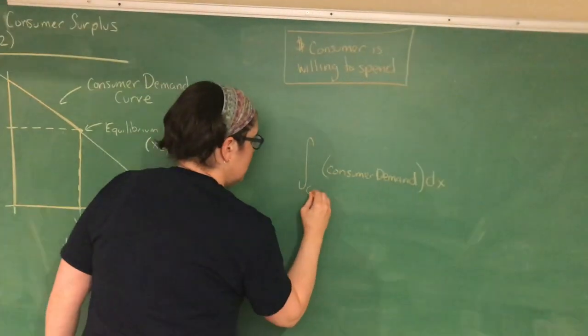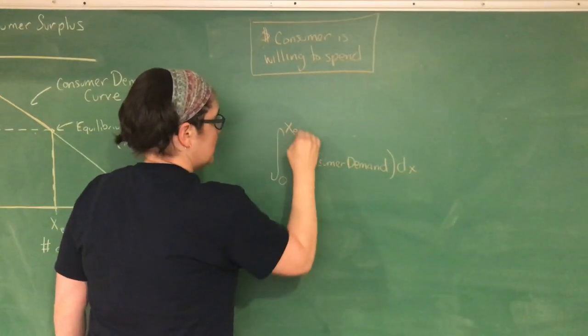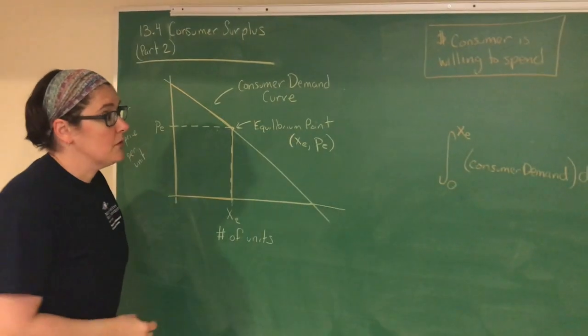So from 0 up to x subscript e. For us, that was 3 donuts. So from 0 to 3 donuts.